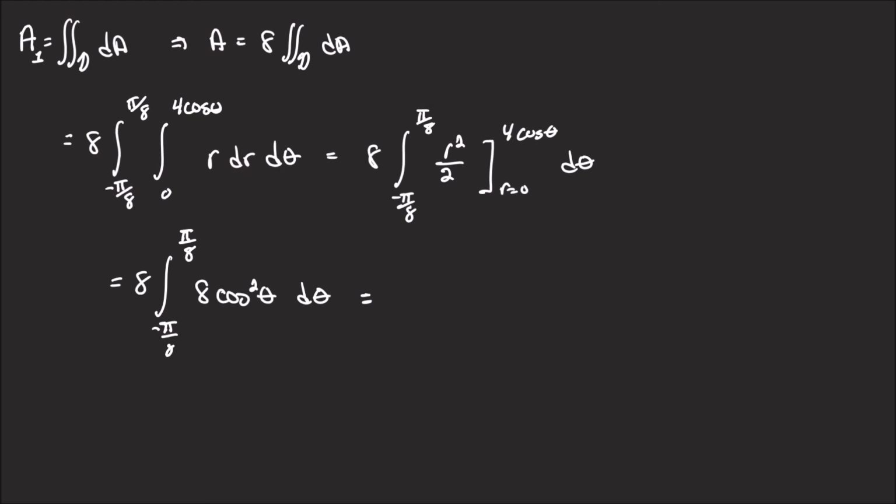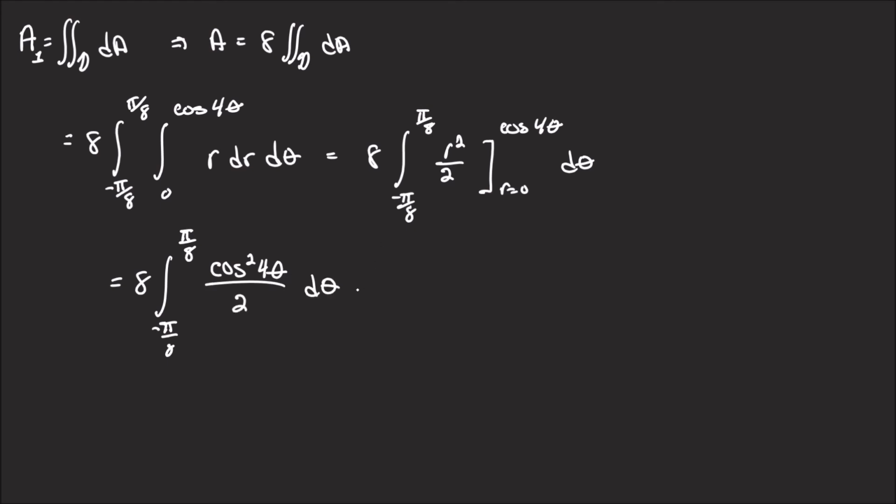So this is going to be incorrect. This needs to be cosine of 4 theta. So this will become cosine squared of 4 theta over 2 d theta.